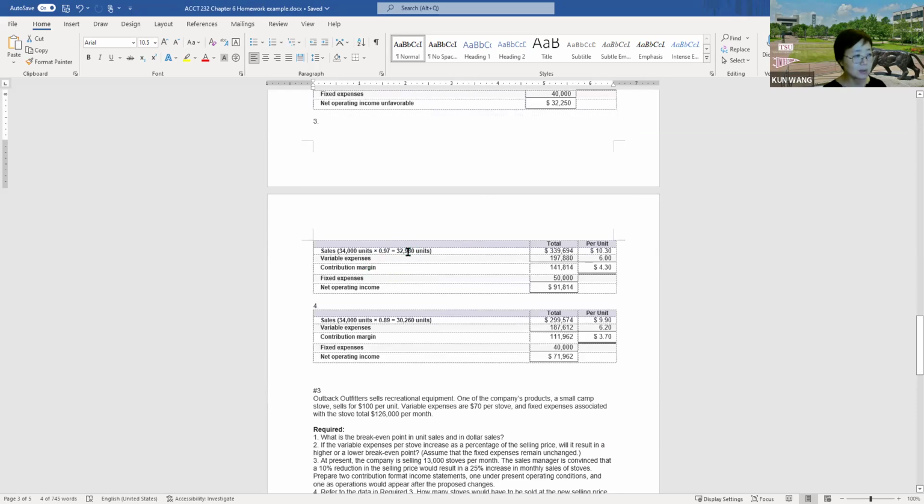adopt the pricing change. So 97%, right? The units will decrease by 3% since we have a higher price. Lower volume but a higher price, so you get the new sales revenue.